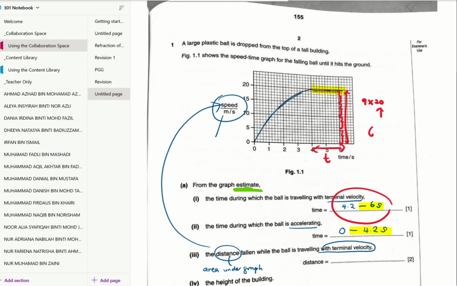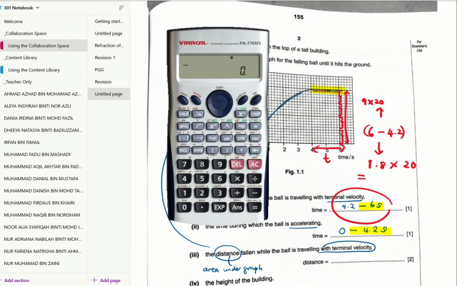So 6 minus 4.2, that is 1.8, times the height of the rectangle, which is 20. Then we just use the calculator. 1.8 times 20 gives us a value of 36. So our estimation of the distance for the ball traveling with terminal velocity is 36 meters.